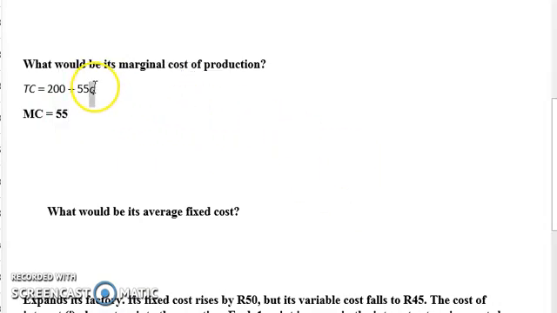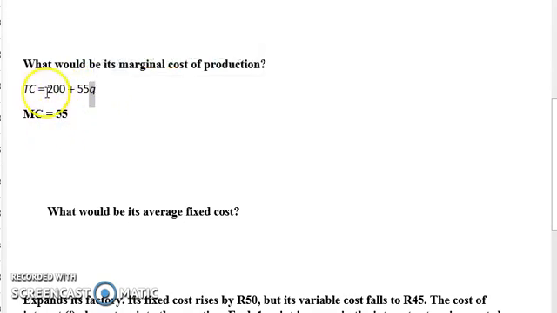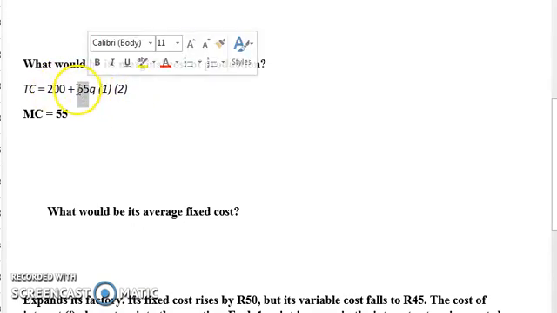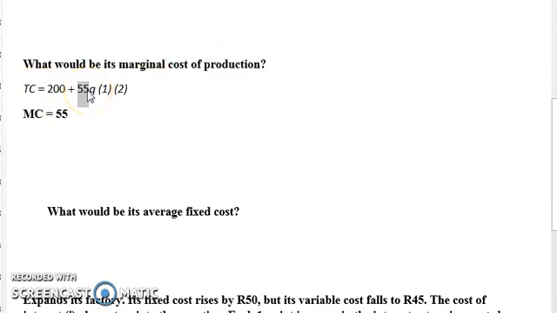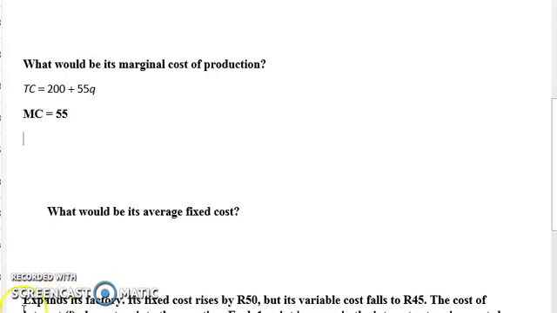If we put in a 1 there, we get a value. If we put in a 2, we get a different value, but the increase every time is 55. So the marginal cost, which is constant in this case, will every time be 55.